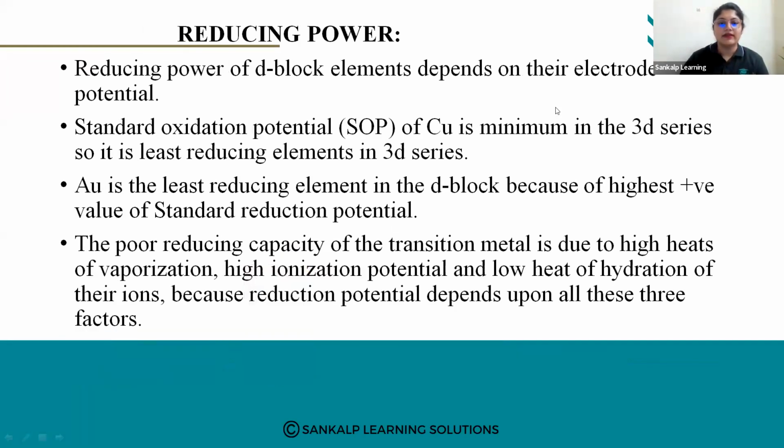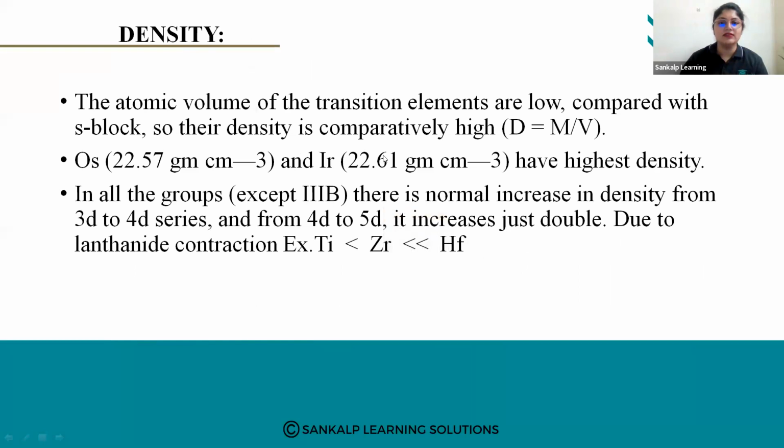Then reducing property; we have seen density. Density is equal to mass upon volume. As you go down the group, the size increases, and as size increases, density also increases.